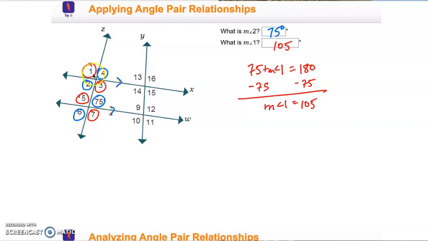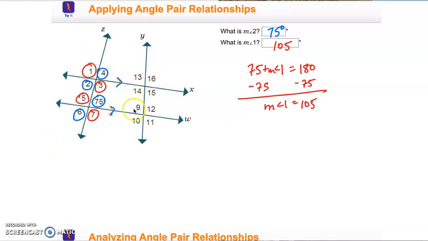And how do we know that? Well, we know vertical angles are equal. We know alternate interior angles are equal, and alternate exterior angles are equal. We know corresponding angles are equal. So once you know one angle measurement with parallel lines and one transversal, we can find every one of those angles.